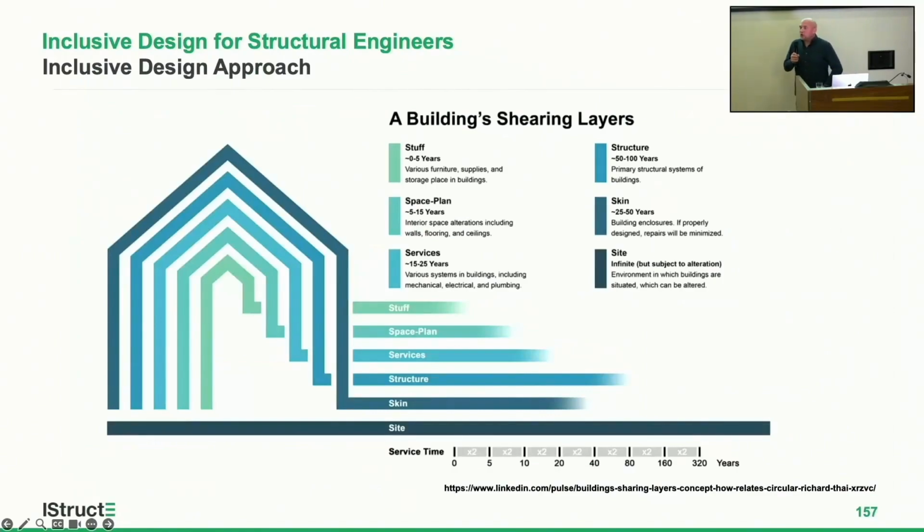So what is an inclusive design approach? Well, some of you may have seen this, it's a shearing diagram, and it is a diagram by a renowned architect that talks about buildings aren't actually a thing. Buildings are made up by a series of layers of components with varying lifespans. Now, I'm going to refer to this diagram a little bit differently to that.